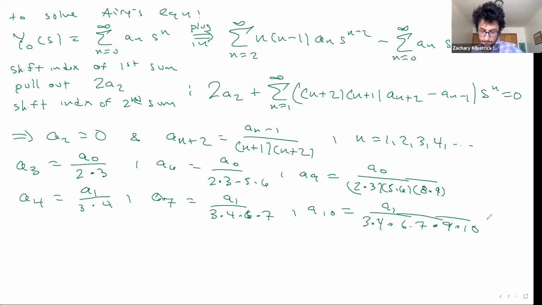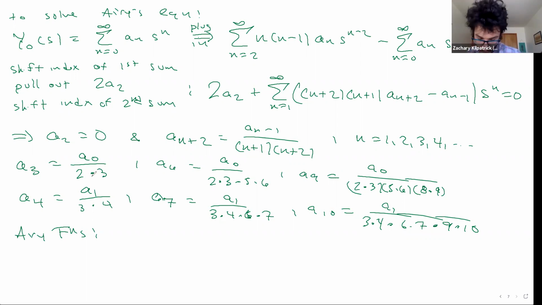Our functions then, in this case our Airy functions, are going to be given by the power series that you get by either taking A0 to be 0 or A1 to be 0.